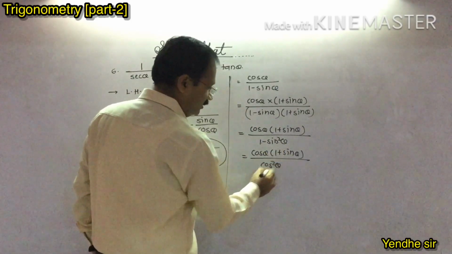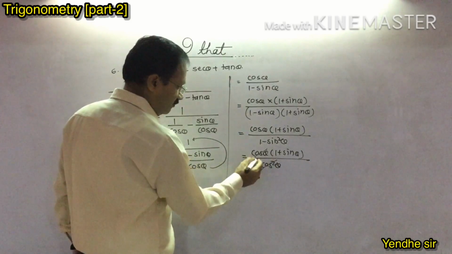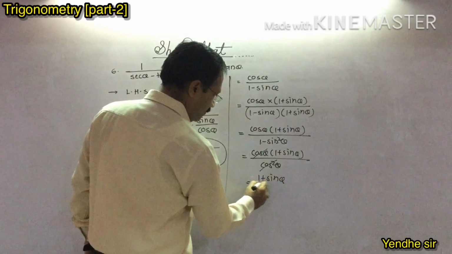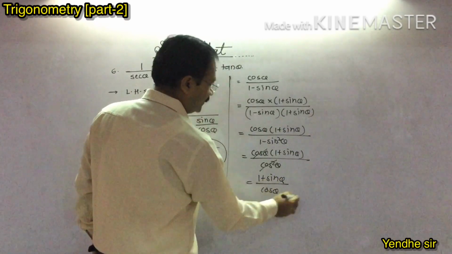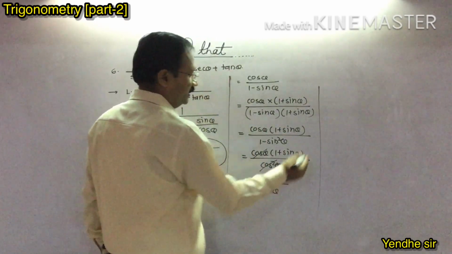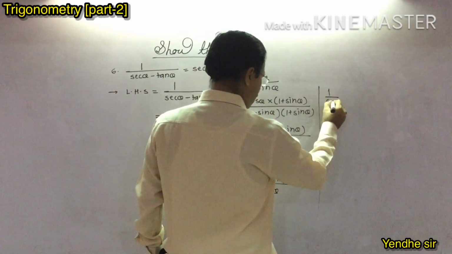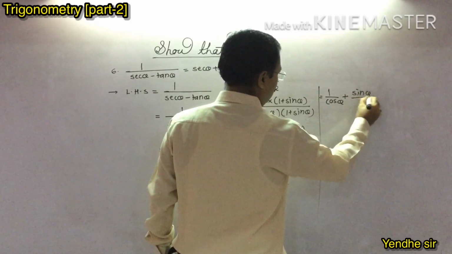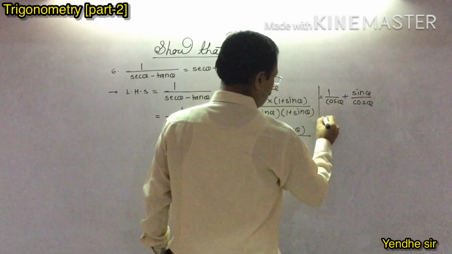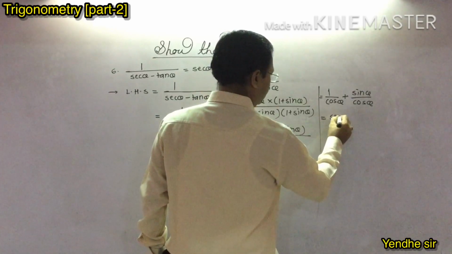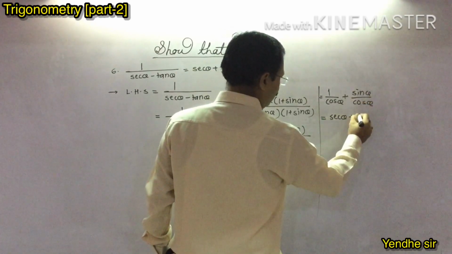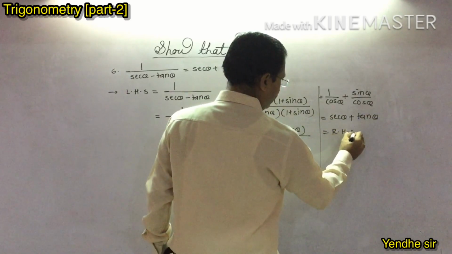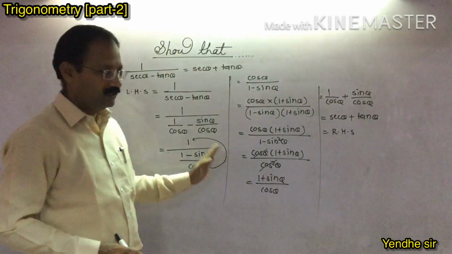It is cos square theta. So one cos will be cancelled. You will get 1 plus sin theta upon cos theta. Okay. So now split it. 1 upon cos theta plus sin theta upon cos theta. So 1 upon cos theta means what? Sec theta. Plus sin theta upon cos theta means what? Tan theta. So equals RHS.